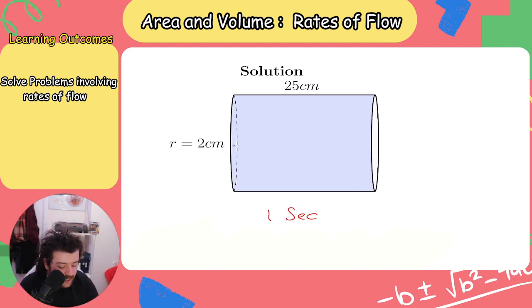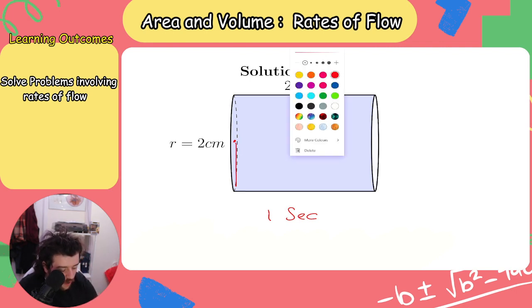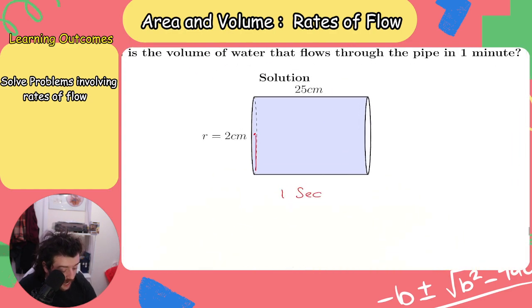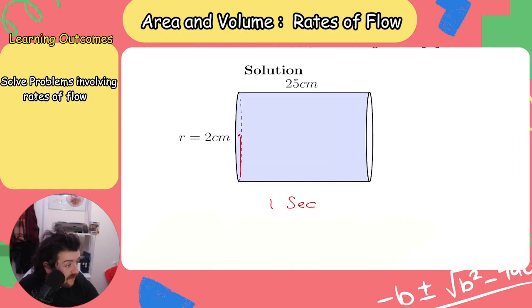The radius of this pipe is 2, and the speed it gave me, 25 centimeters per second, gives me the length of my pipe after 1 second. So let's calculate the volume of the pipe after 1 second. It's just the volume of the cylinder, which is pi r squared h.